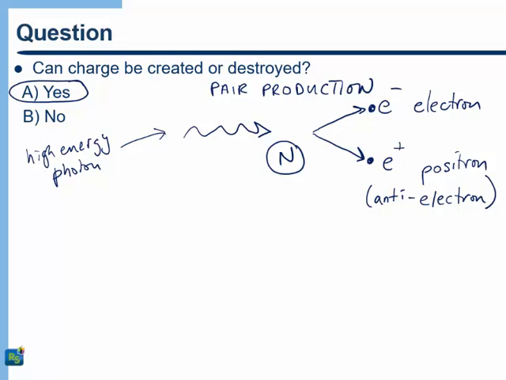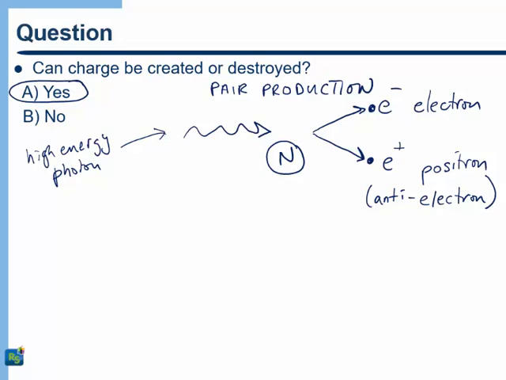Antimatter is real. For every matter particle, like a proton or an electron, there is an associated antimatter particle that has all of the same properties except it has the opposite charge. The other thing about matter and antimatter: if an electron and a positron meet, they will annihilate. They will once again produce pure energy in the form of photons.